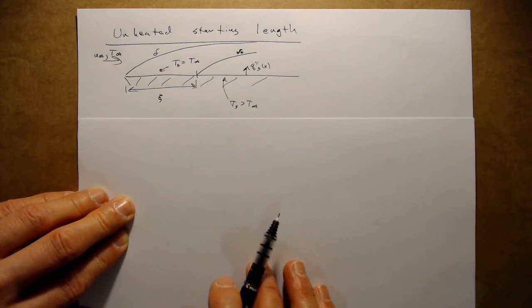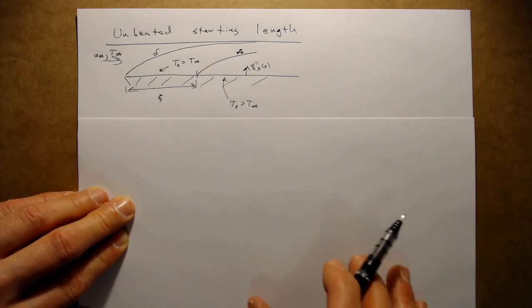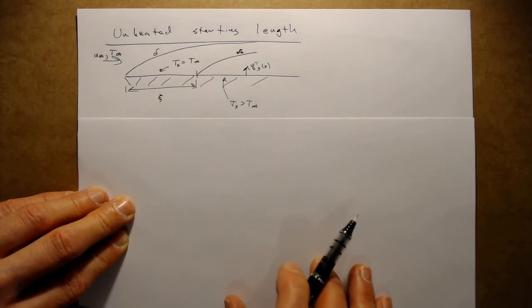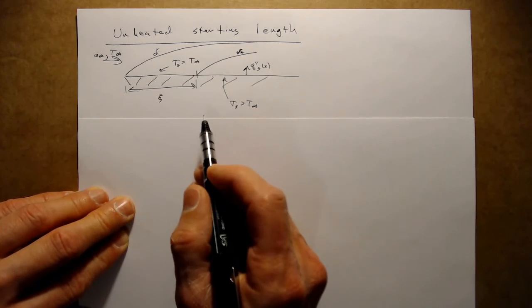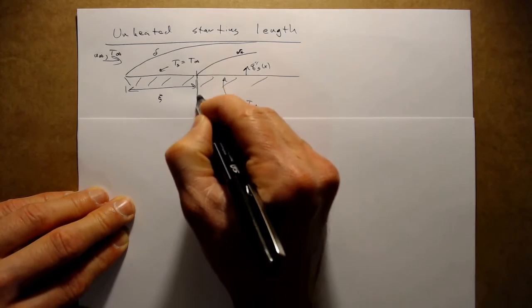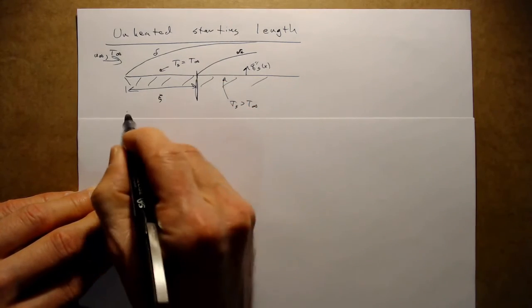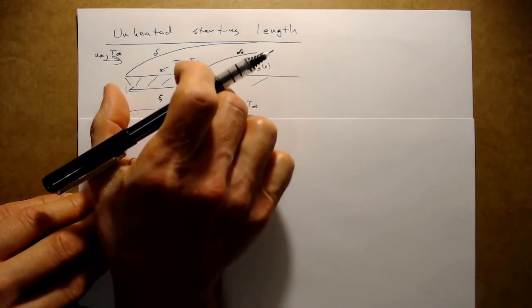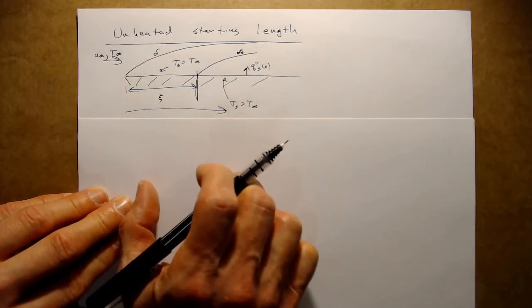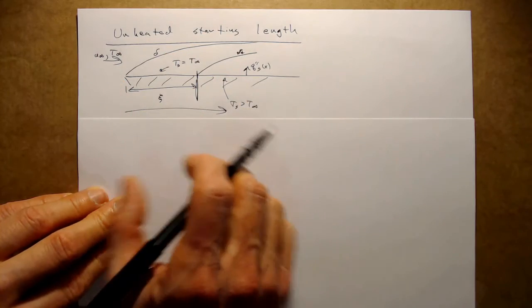So there are a variety of conditions that we'll often encounter in practice that we also need to consider. And one of the important ones is an unheated starting length. So we might imagine that we have some plate of a given length, and the leading edge of this plate is not heated.